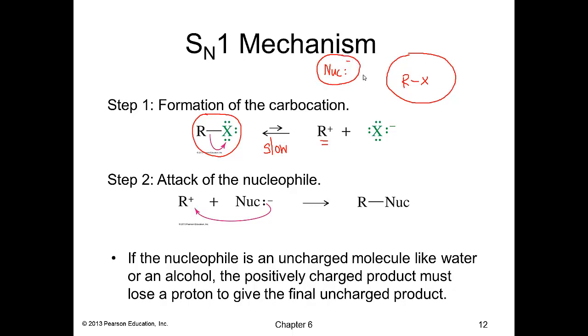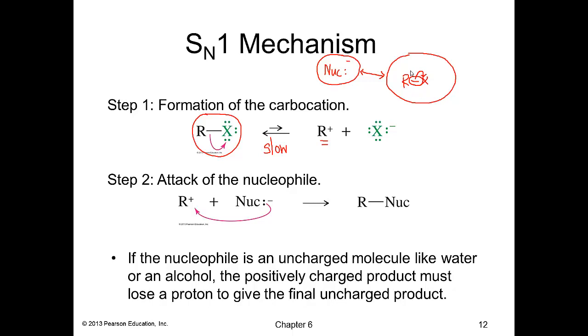Now, as long as they are close enough, there will be a repulsion of the electron cloud between the nucleophile and the RX. And when that happens, the electron cloud within the RX over here actually gets pushed towards the halogen. Now this is how it works.